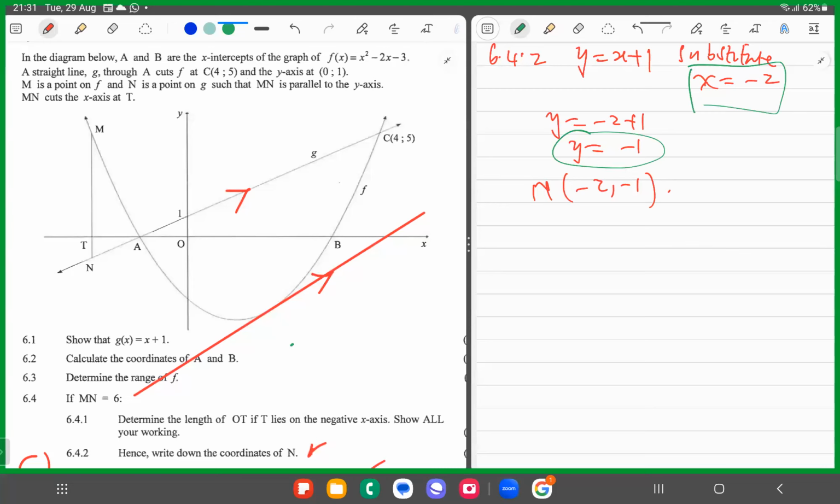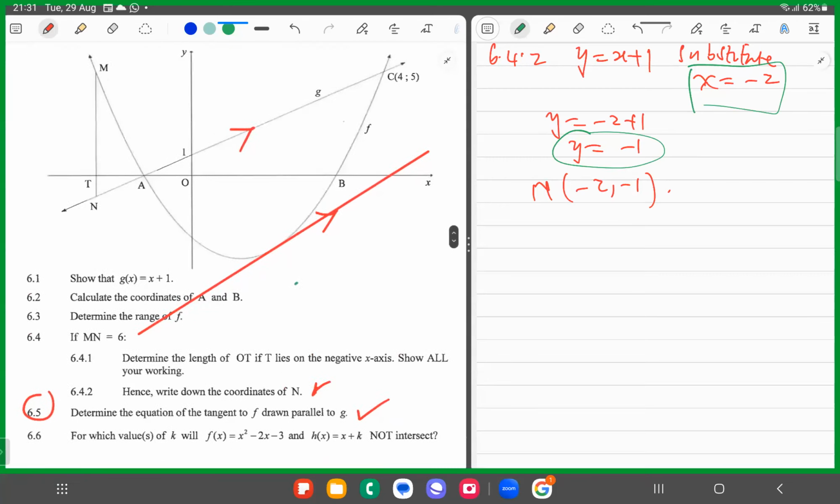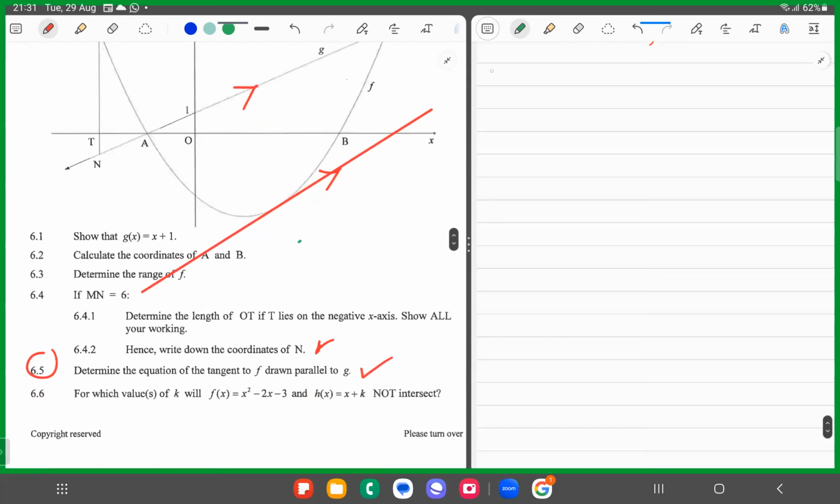So what do we do now in 6.5? Let's do it. You can find the derivative of this because we are finding the slope of a tangent to the function f. So we must find the derivative. The derivative of x squared becomes 2x.